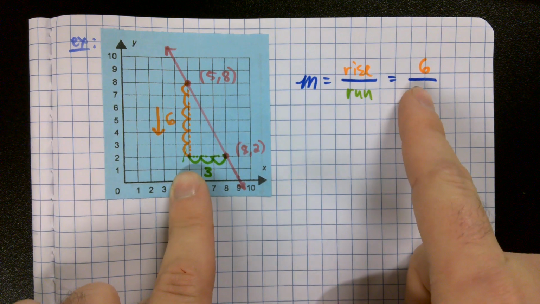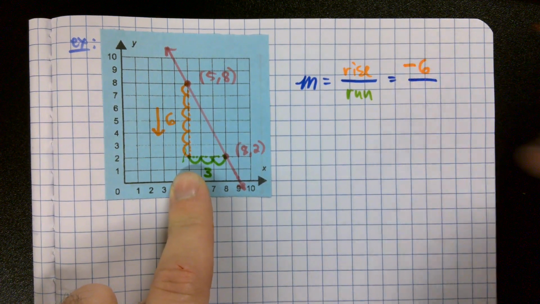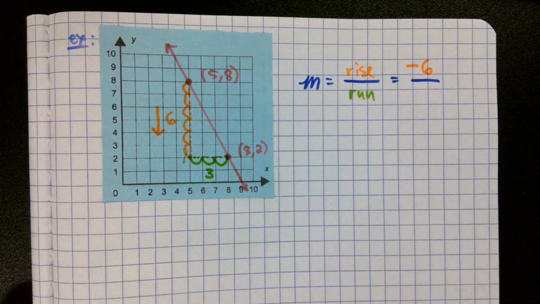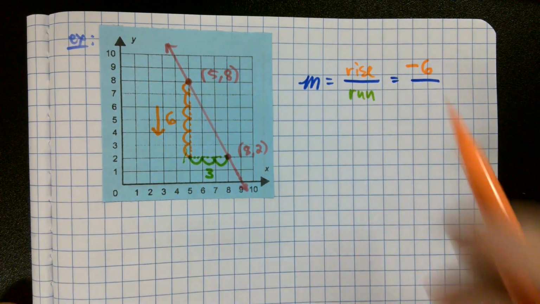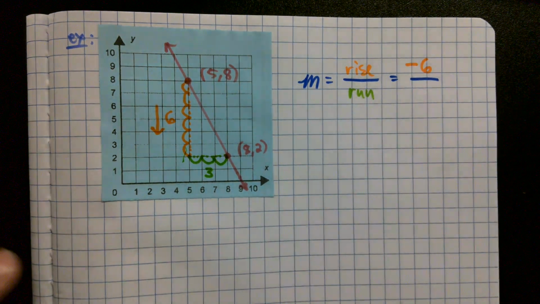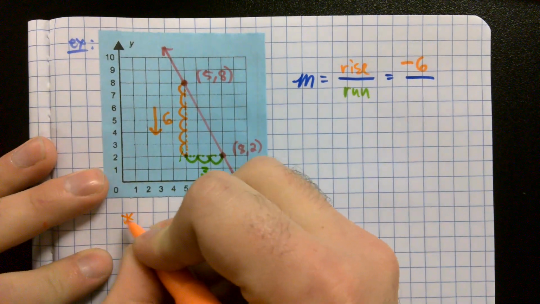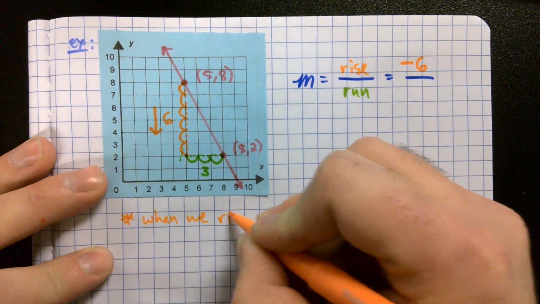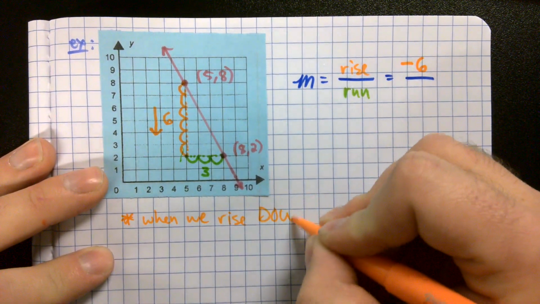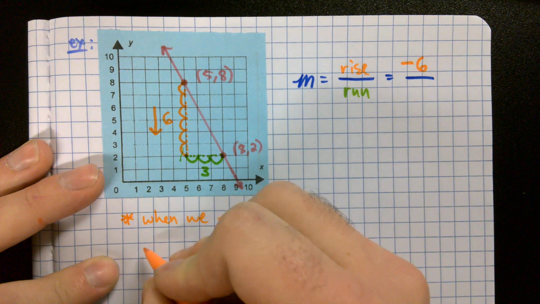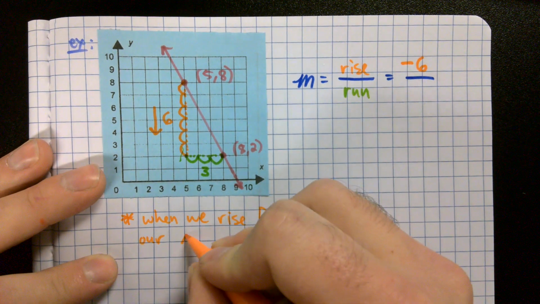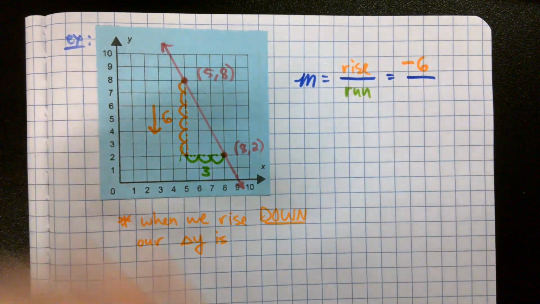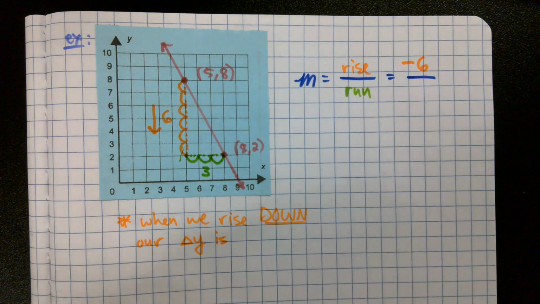Anyone want to take a guess? -6. When we go down, when we rise downward, our rise is negative. Let's write that in. When we rise down, our change in y is negative.